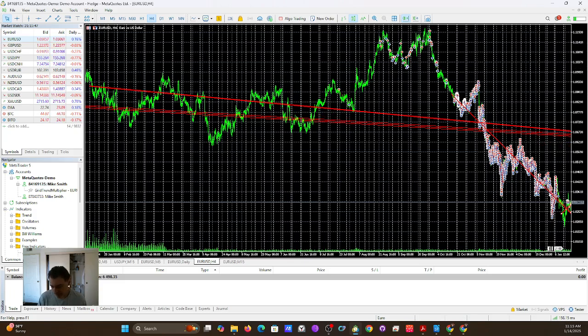Later it will have to go into an overbought, just like it is here, and create a max. It's oversold right now. Okay, so this is just an average point.